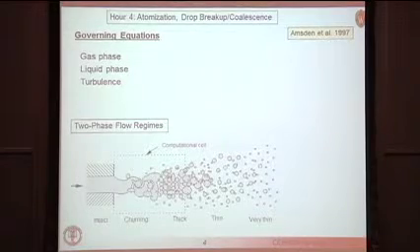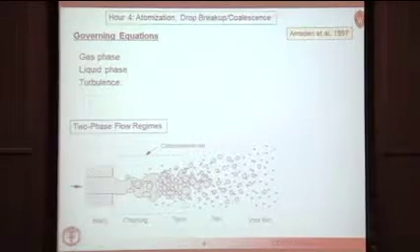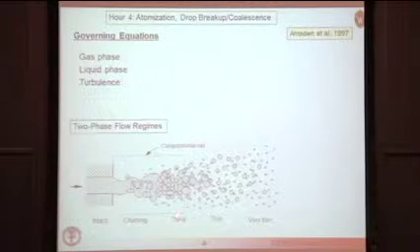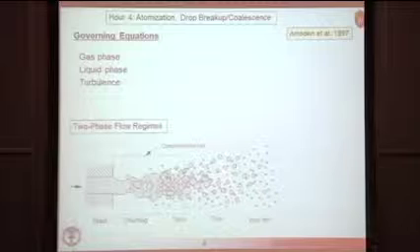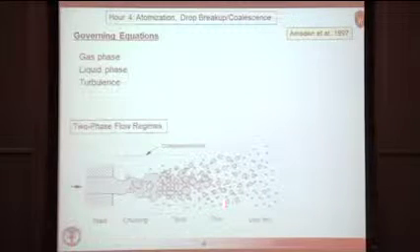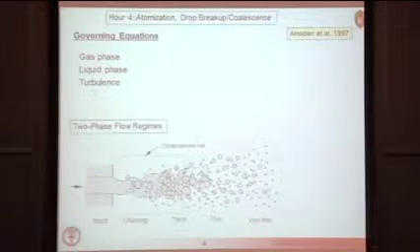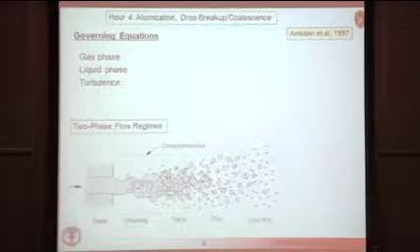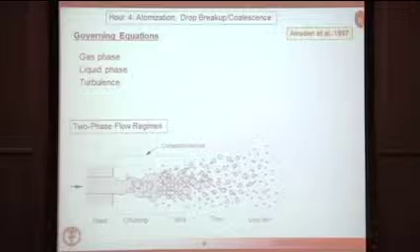In fact, there's a lot of controversy about what actually happens to the liquid in this so-called churning region. As you move further downstream, the spray, because it's entraining air, tends to broaden. The optical density decreases, and eventually you have what's called an optically thin spray. And then finally, very thin. And here you may have also vaporization processes occurring, tending to make the liquid phase transition to gas phase.